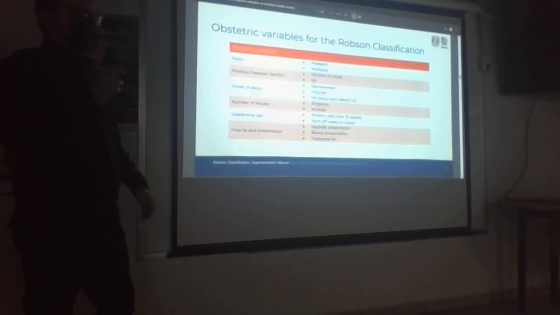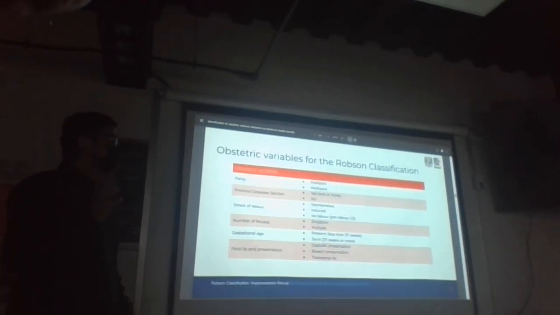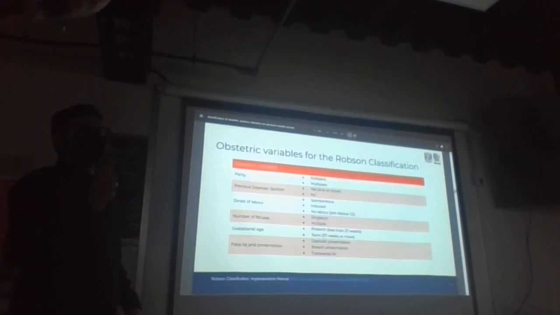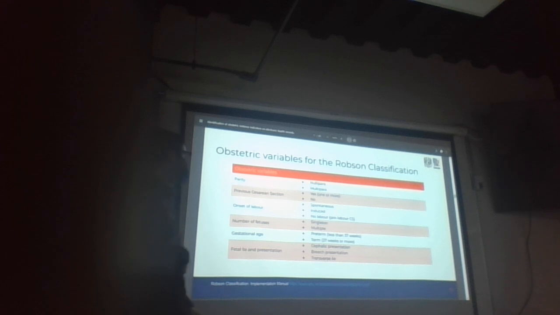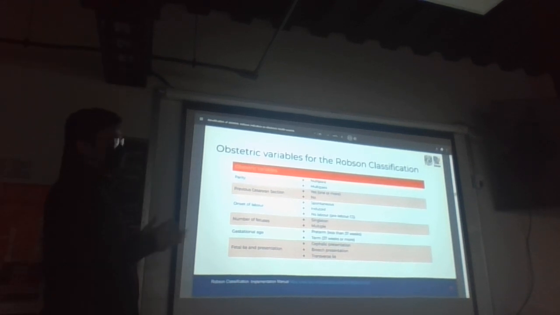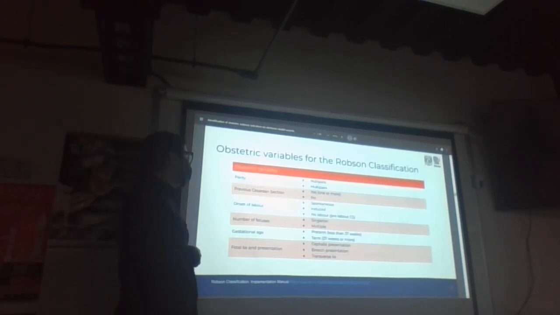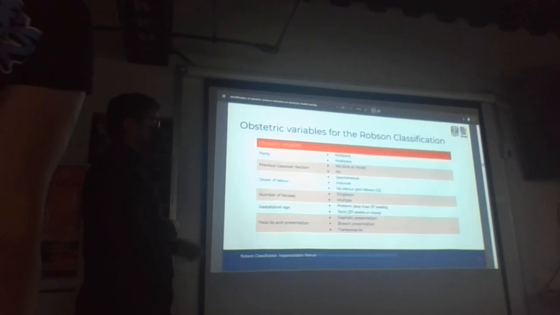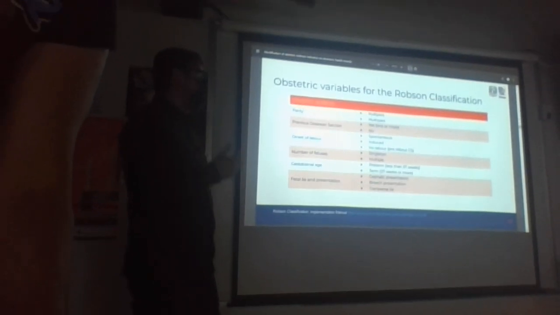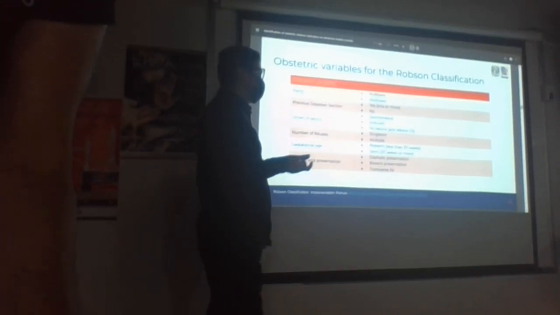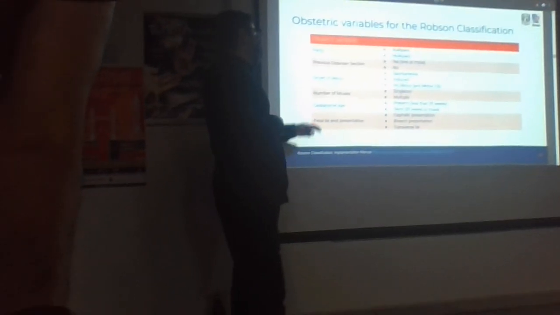Nullipara is when she doesn't have any child or pregnancy before, and multipara is if she has had children before. Previous cesarean section is just that, yes or no. Onset of labor is if the labor is spontaneous or induced, maybe using uterotonics or some drugs.